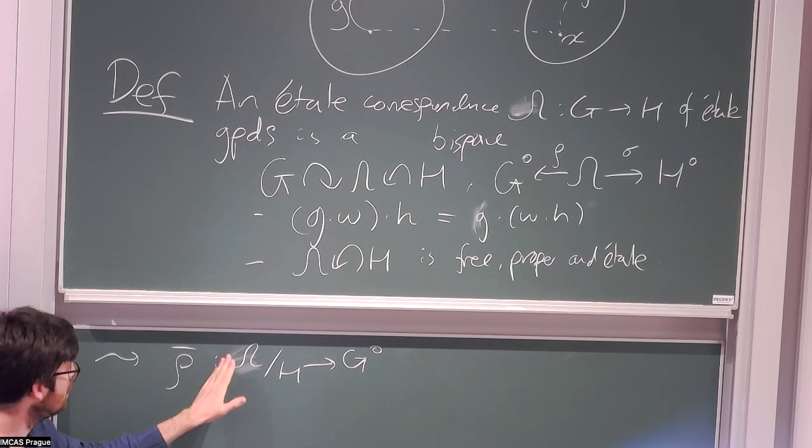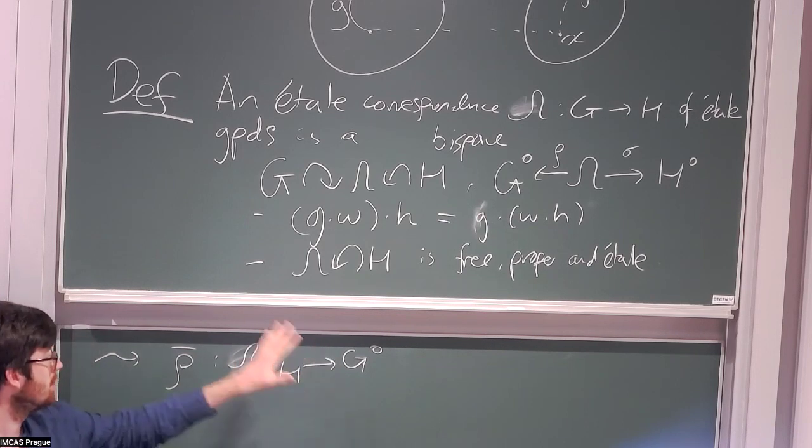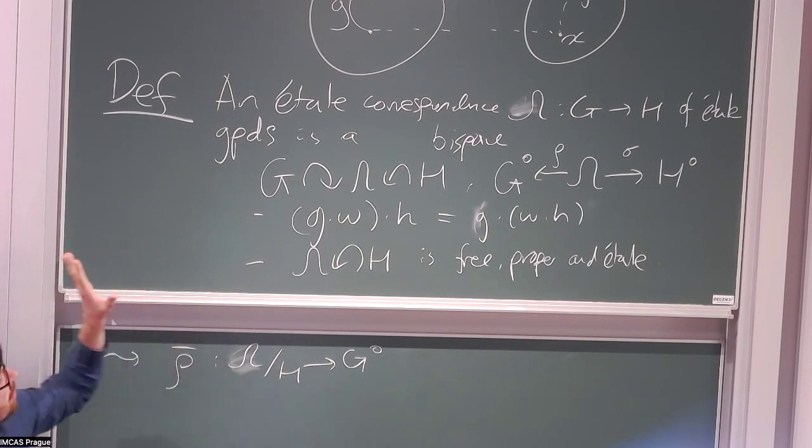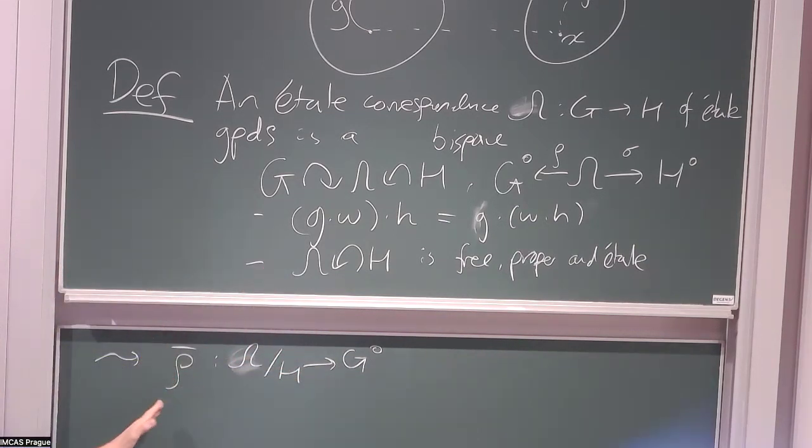So now we get a map from the space of H orbits to G naught, which is going to be continuous. So a Morita equivalence is where you symmetrize all these things and you ask for this to be a homeomorphism and also the other one, the symmetrized one, to be a homeomorphism. That's exactly what a Morita equivalence is.